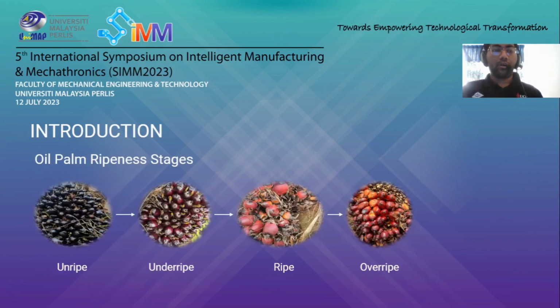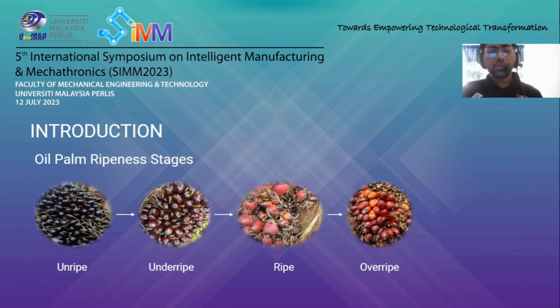Alright, moving on. So, here we can see 4 stages of oil palm ripeness. First we got the unripe, then the underripe, then the ripe, and then the overripe. So the unripe is the one which has no oil content according to research papers and other researches.